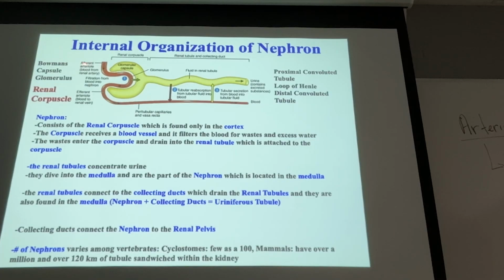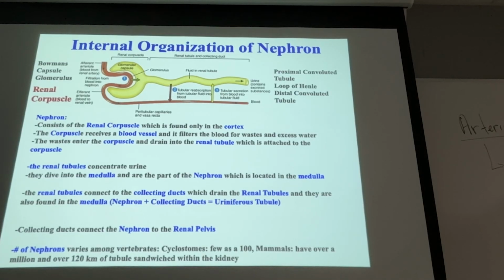Whenever you see these words afferent and efferent, afferent means going towards, AF, towards, EF means away. So afferent arterioles deliver the blood to the renal corpuscle, which means the afferent arteriole delivers the blood into the capillary bed, the glomerulus. Then that blood will travel through the glomerulus and eventually empty out of the renal corpuscle through the efferent arteriole.